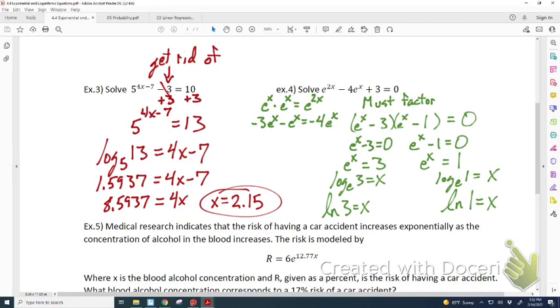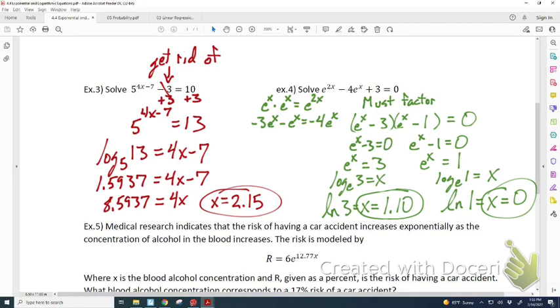Natural log of 1 is 0. Natural log of 3, I have to type that one in. I get 1.10. All right, once again, that problem, that number 4, I would call that a bonus problem. That is very complex. If you can do 1, 2, and 3, you're good to go.